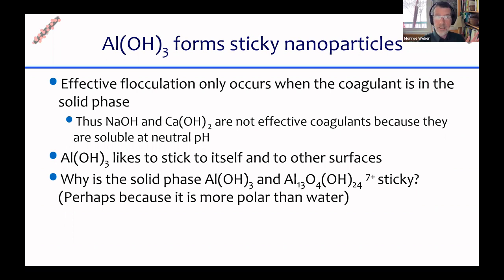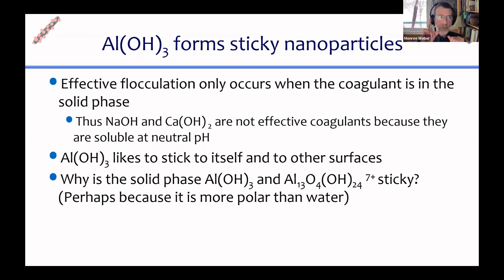Well, one of the reasons why those don't do anything for us is because those are completely soluble at neutral pH. So they have no chance of working. The coagulant has to be solid phase at neutral pH in order for it to actually do its work of gluing particles together.